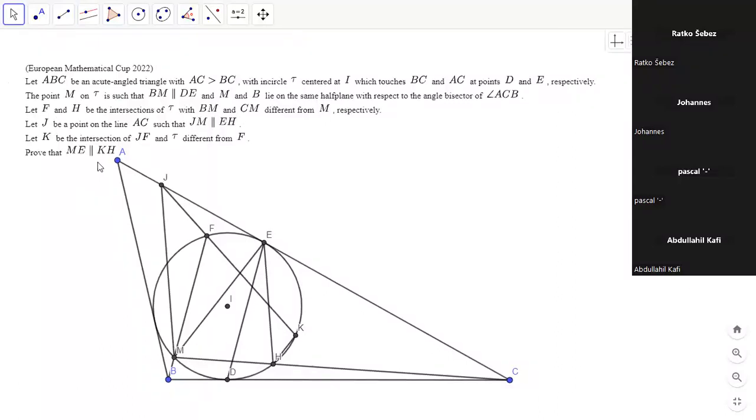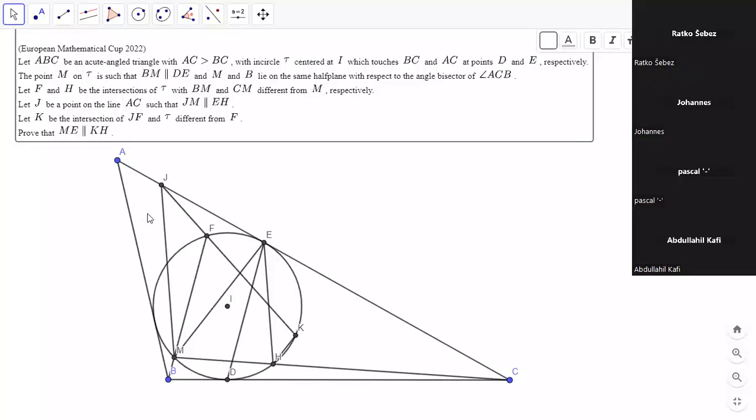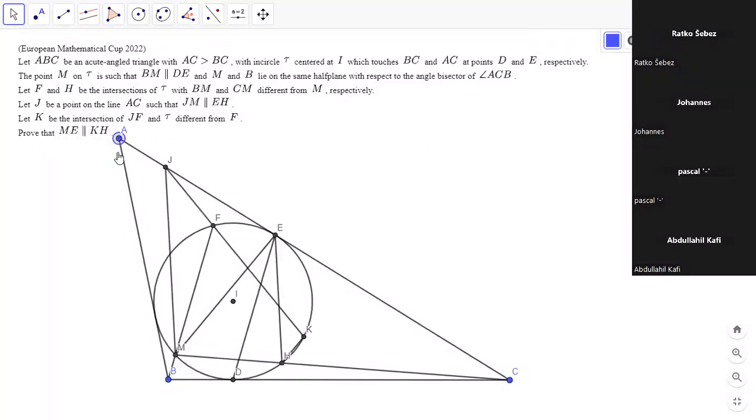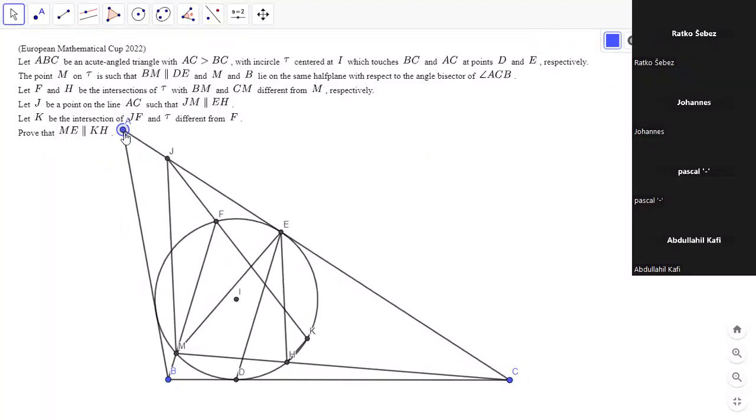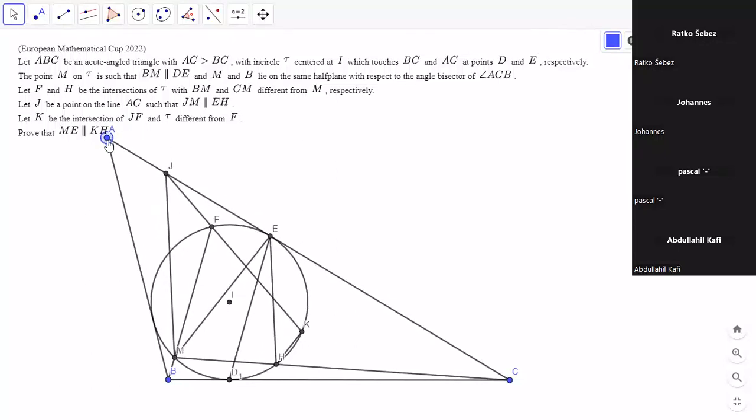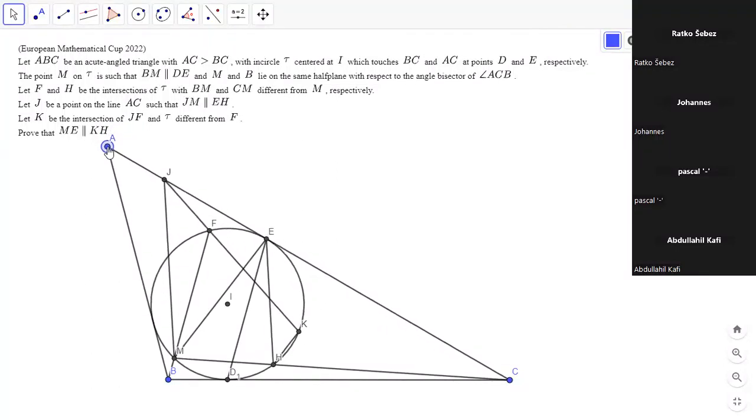Okay. I think that's a good enough figure. So DE is the polar of C.